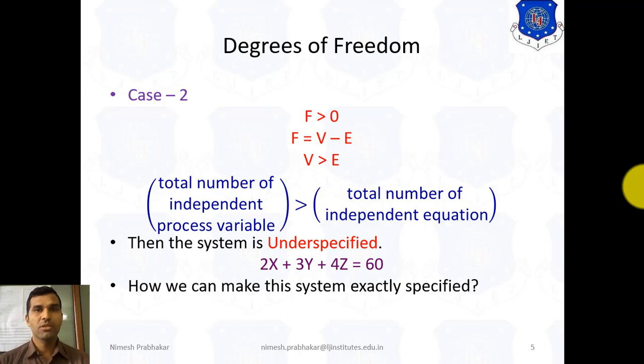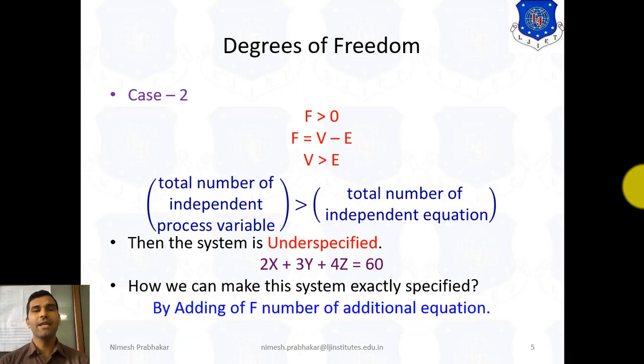Because we know the definition of a system being exactly specified is when the degrees of freedom equals 0. So to make the degrees of freedom equal to 0, the answer is that by adding f number of additional equations, we can make this system exactly specified.